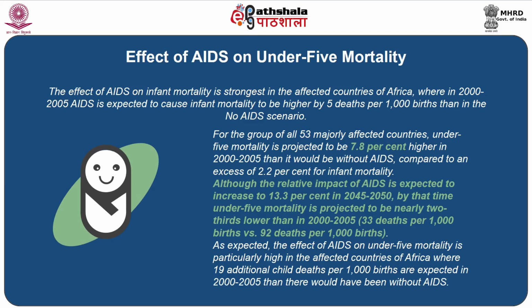Although the relative impact of AIDS is expected to increase to 13.3% by 2050, by that time under 5 mortality is projected to be nearly 2/3 lower than in 2005. As expected, the effect of AIDS on under 5 mortality is particularly high in the affected countries of Africa, where 19 additional child deaths per 1,000 births are expected in 2005 than it would have been without AIDS.